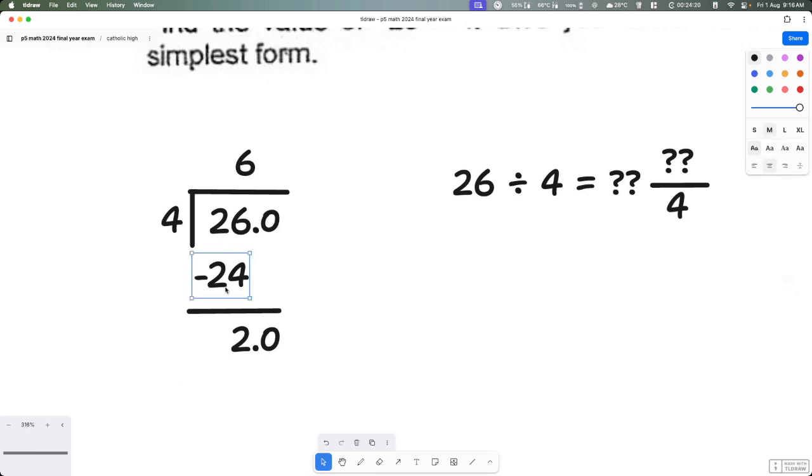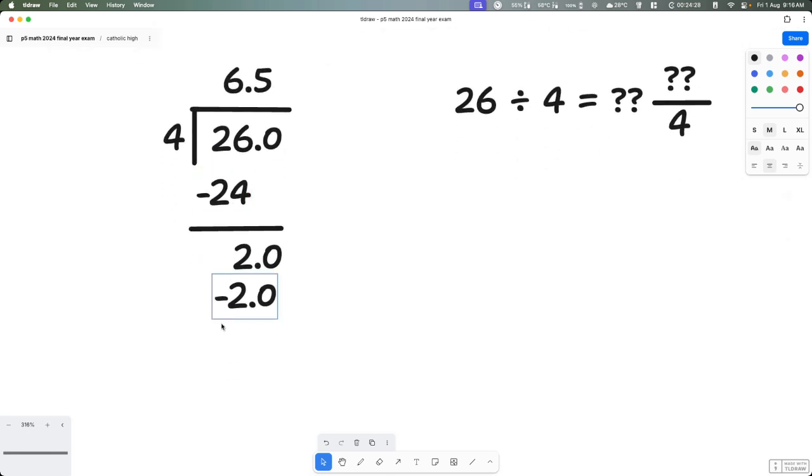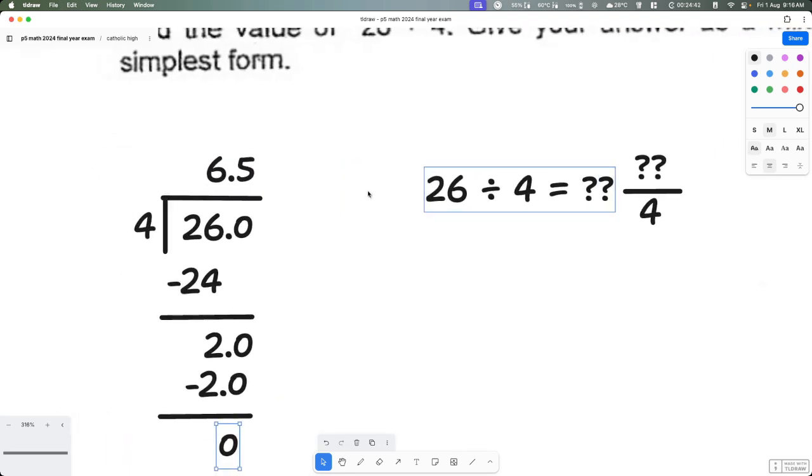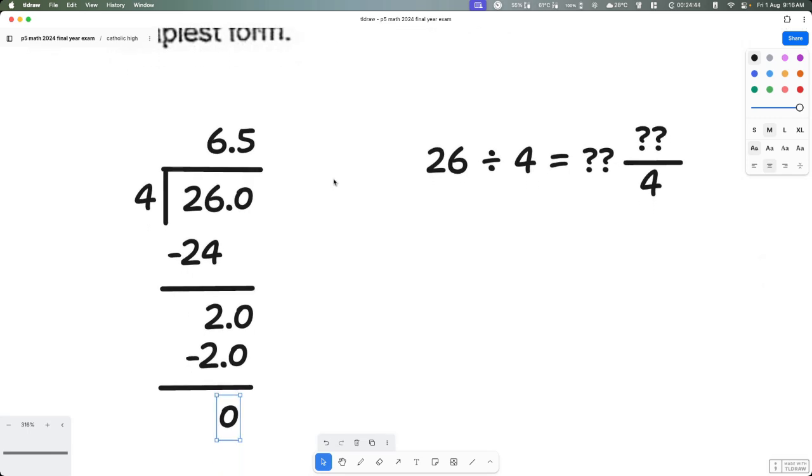So we're going to minus 20, or 2.0 in this case. 0.0, and this will give 0.5. Okay, and then we will have 0.